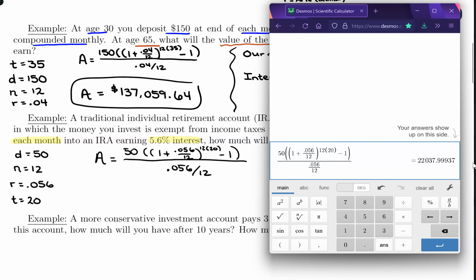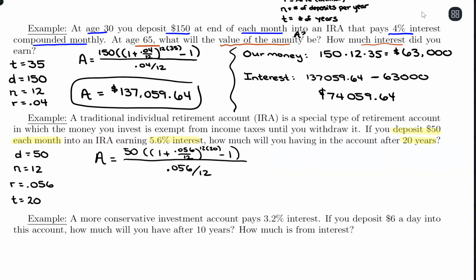And then I'm just going to double check that everything matches up. And that looks great. So we're seeing $22,037, $22,038. That's how that's going to round. All right, so how much will you have in the account after 20 years?